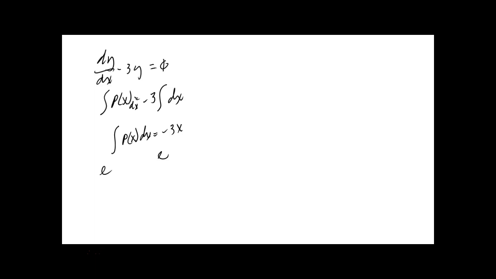So we're going to come up here and do e to the minus 3x dy/dx minus e to the minus 3x times y is equal to 0. Agreed? Because e to the minus 3x times 0 is still 0. Now here's the point where you take a look at this and say, is this a perfect derivative?